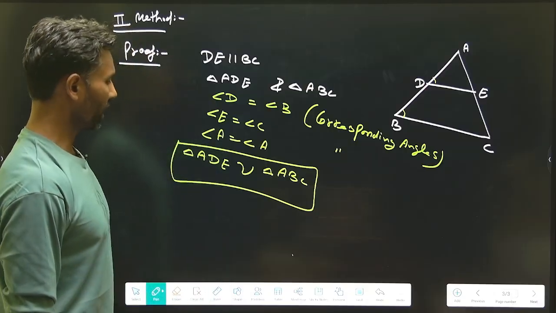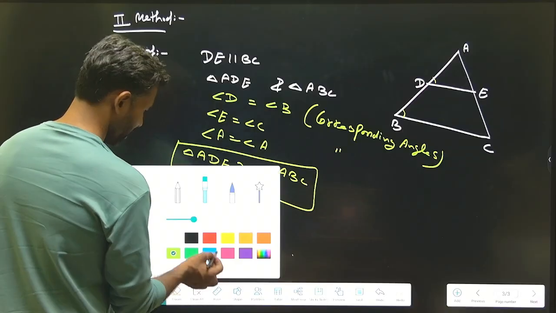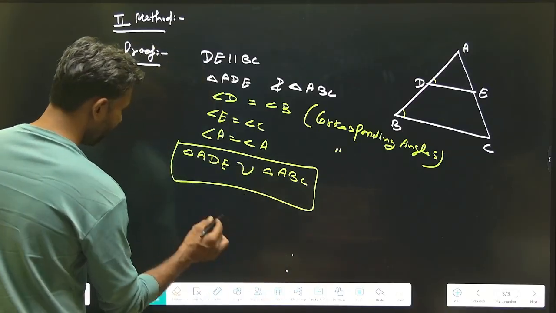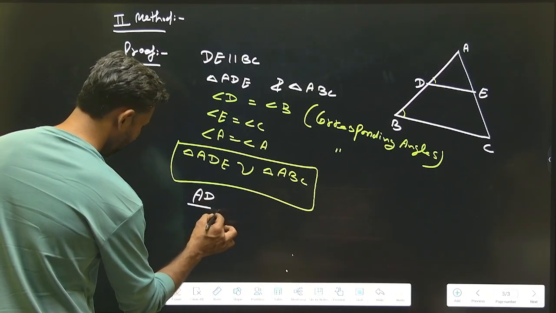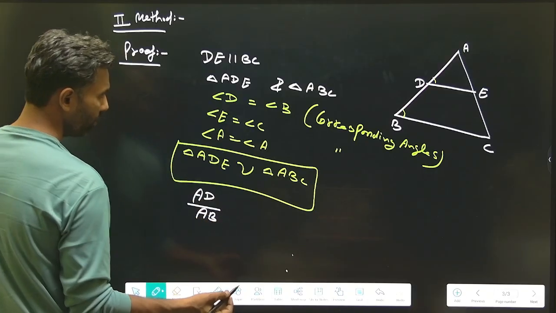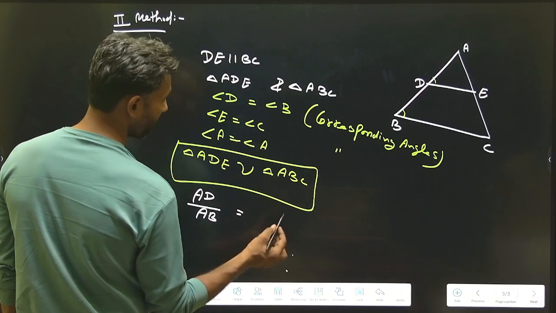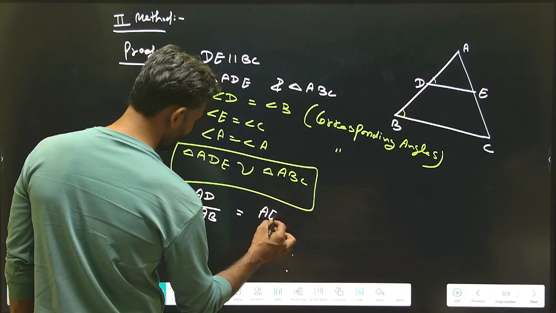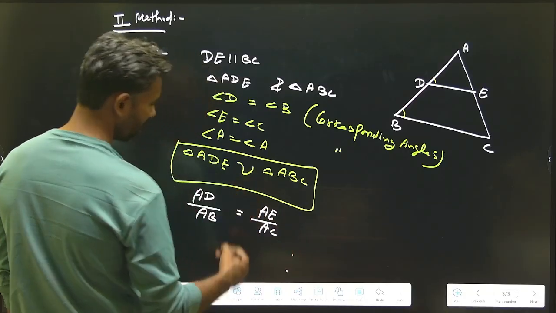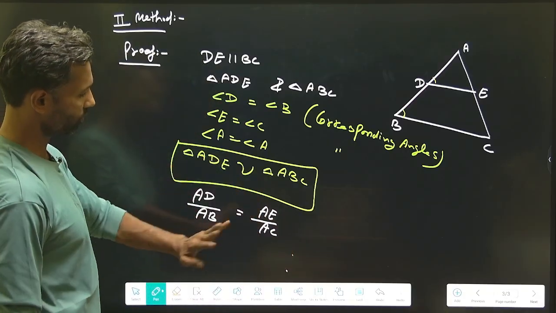So we can say, students, that AD upon AB will be equal to AE upon AC. This is the outcome of the similarity.